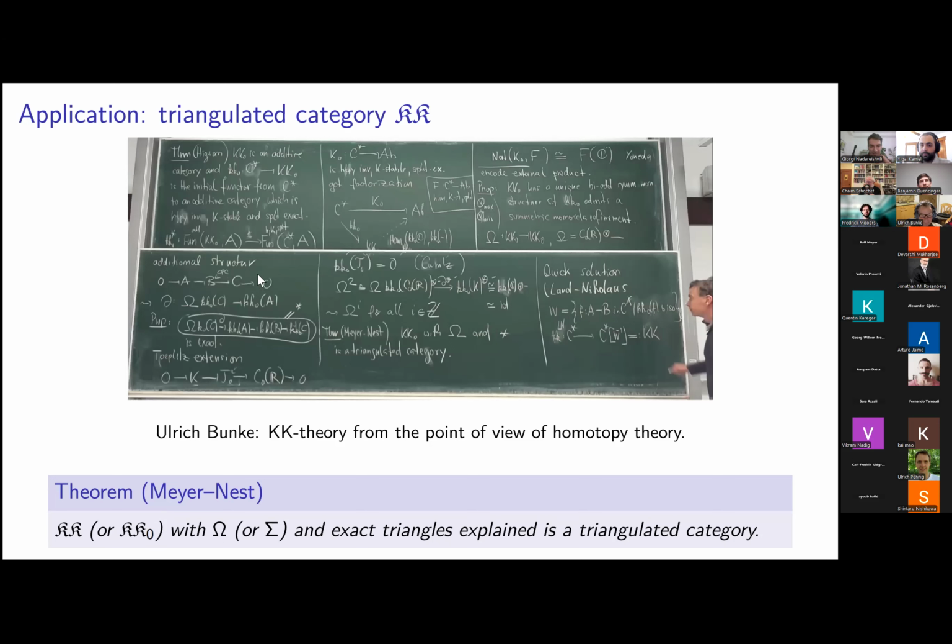And whatever in Ulrich's talk was called omega, in the next days it was called sigma, and I will stick with sigma, which is the more traditional thing to do in the classical KK theory. I'm not going to dive into that. So we call it sigma for a suspension, and this category KK that was explained to us.